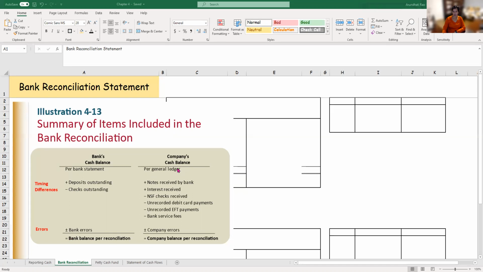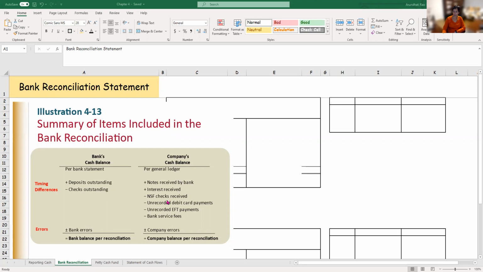On the other side, where we have the balance as per our books, we may have items where we need to add, that is, if the bank has added money to our account already and we haven't done that, or if the bank has taken money out of our account and we haven't updated our books. Pay close attention to the NSF checks.